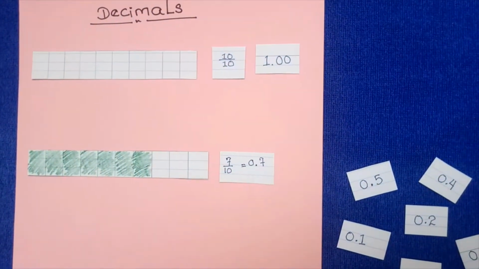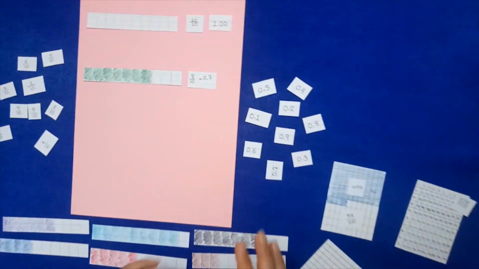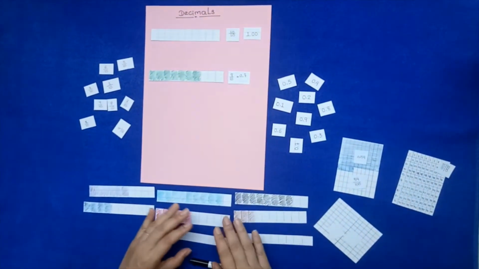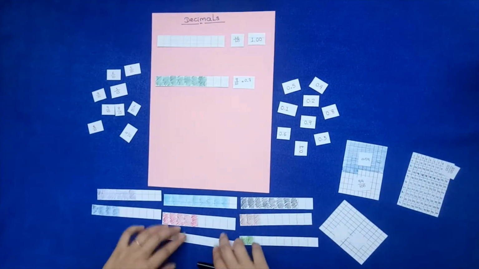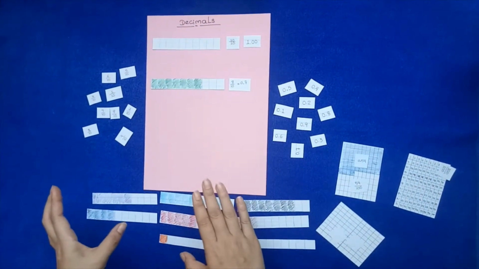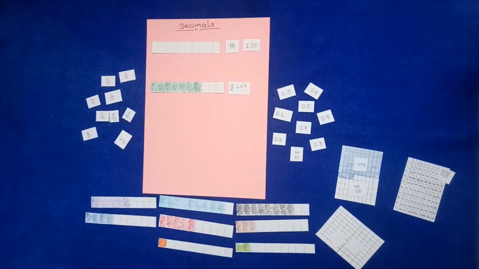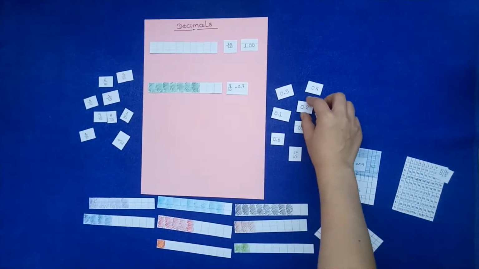So here you may see the decimal, fraction, and the picture. I will put the picture here first, and then if I find the decimal, you have to match it with the decimal.